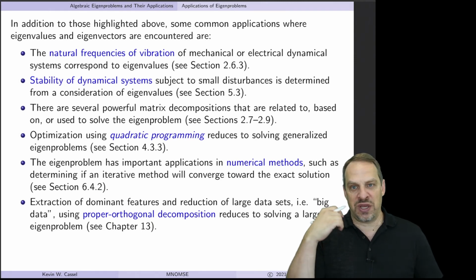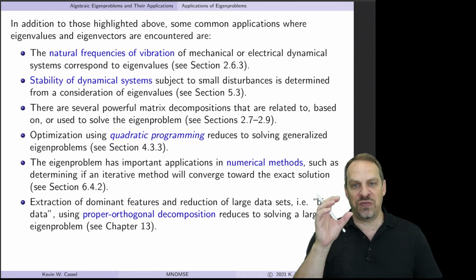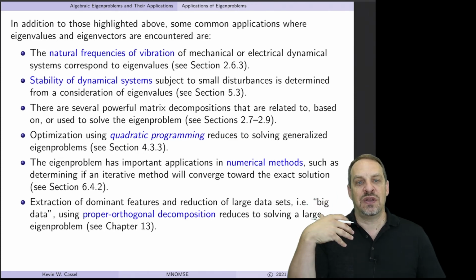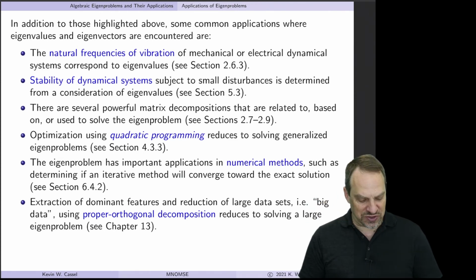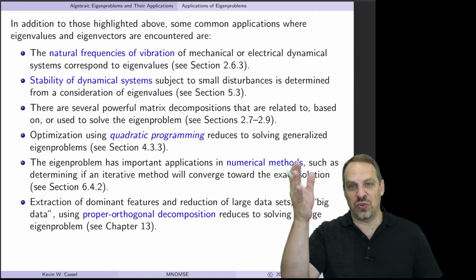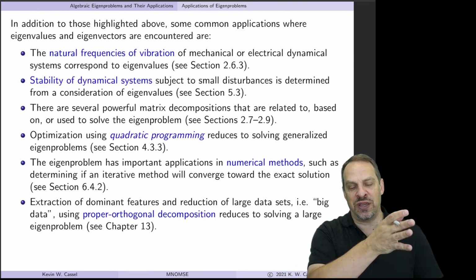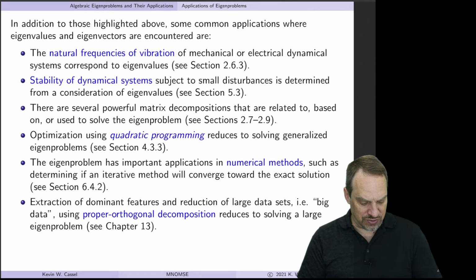So every system, again, mechanical, electrical, biological, has these natural frequencies, these special frequencies that excite resonant behavior within the system. So that's a physical question. What are those natural frequencies? And the mathematical answer is you need to know the eigenvalues of the system.